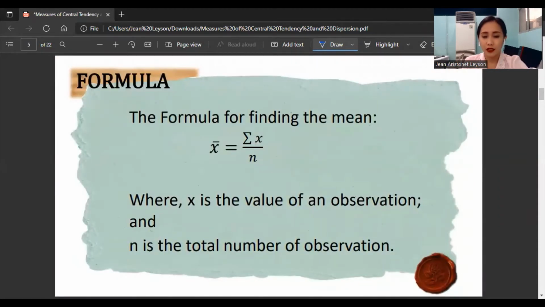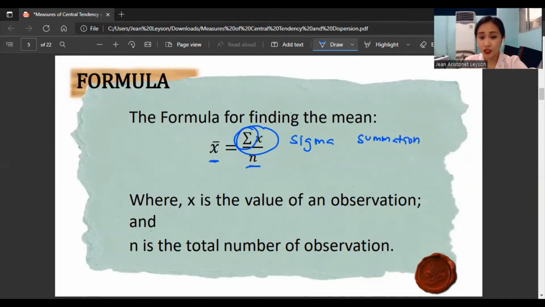Let me show you the formula first. The formula for finding the mean is X bar is equal to the summation of all X over N. This symbol right here, the sigma, is a Greek letter, and that is read as the summation.